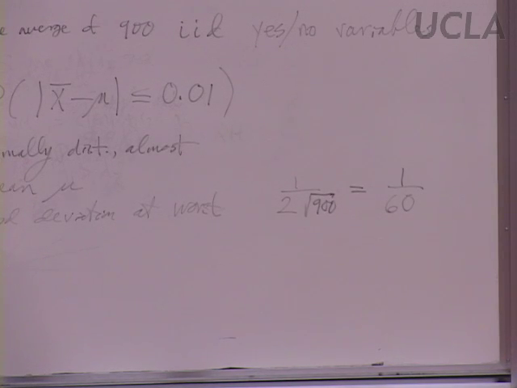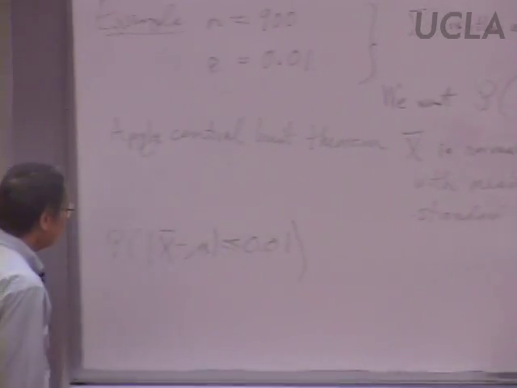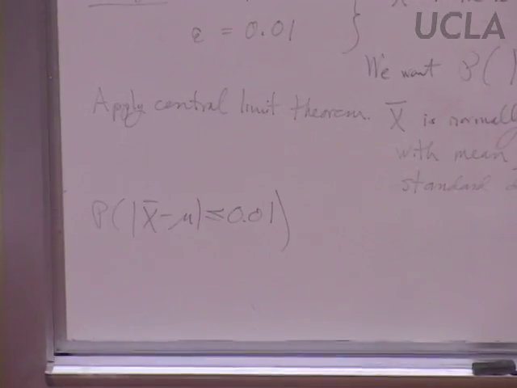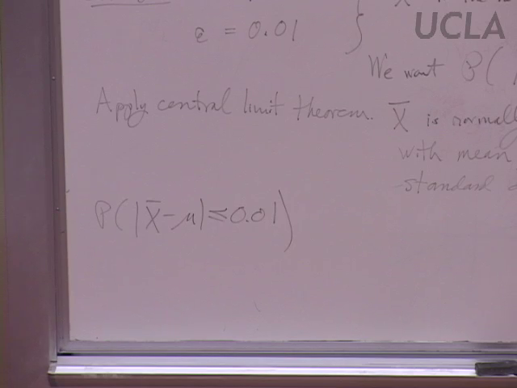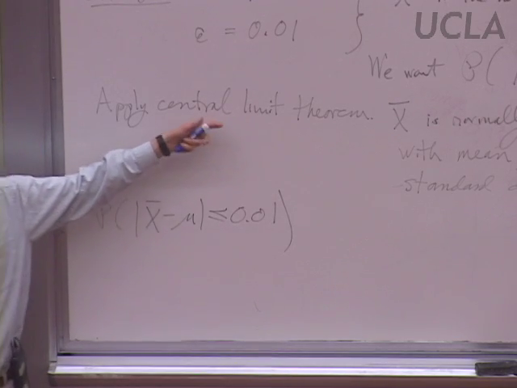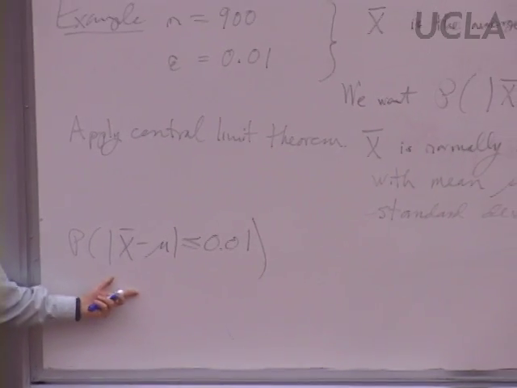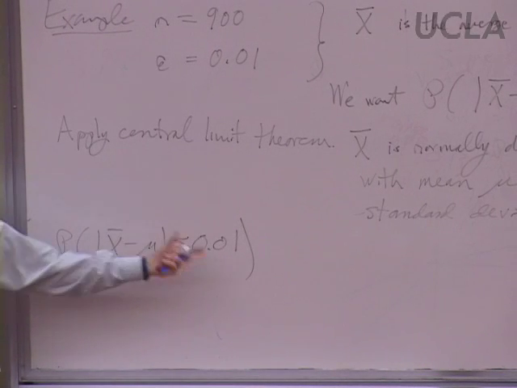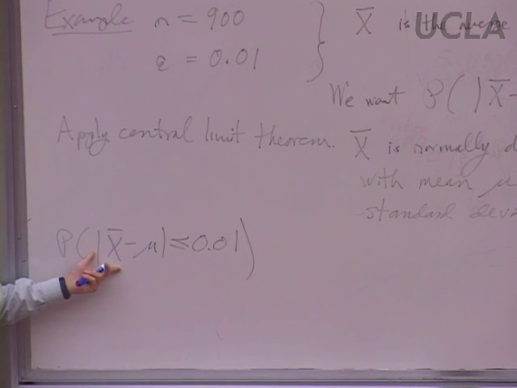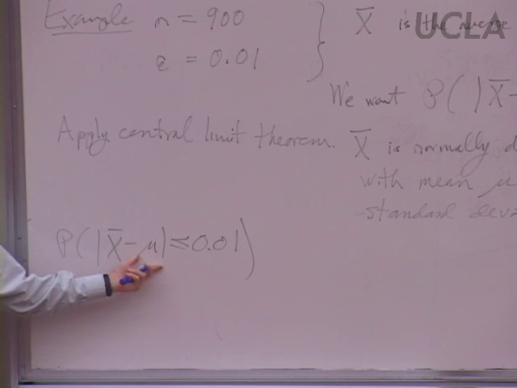So here we are looking at the probability that x bar minus mu is pretty small, and the central limit theorem says we're applying the normal distribution, so we do the usual thing, we standardize things here. Well, we've already subtracted the mean.